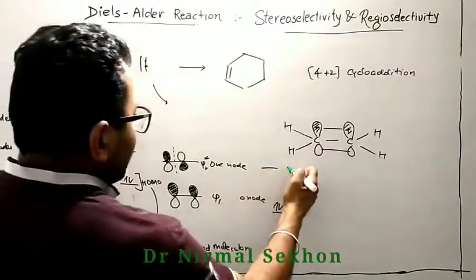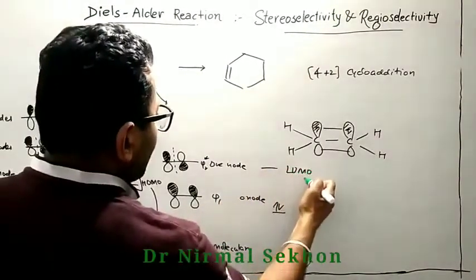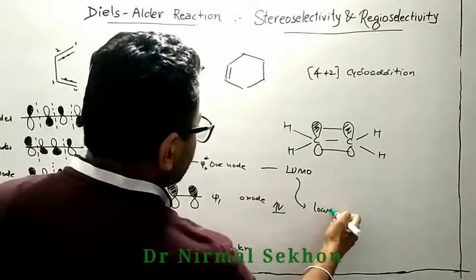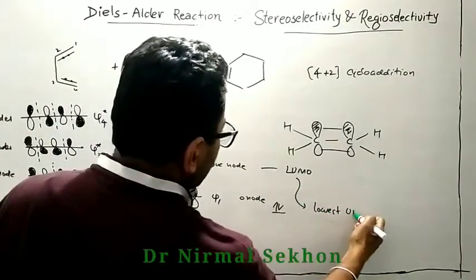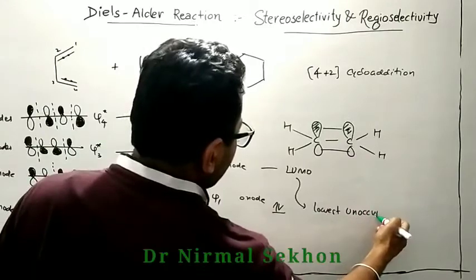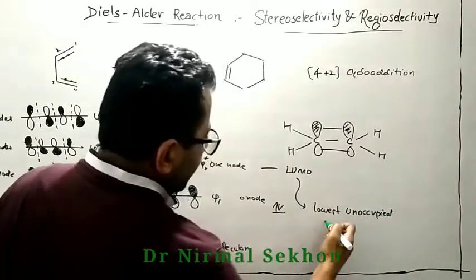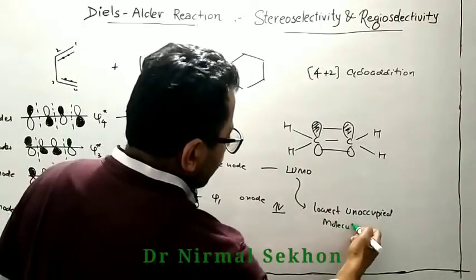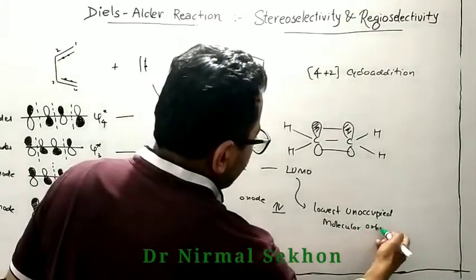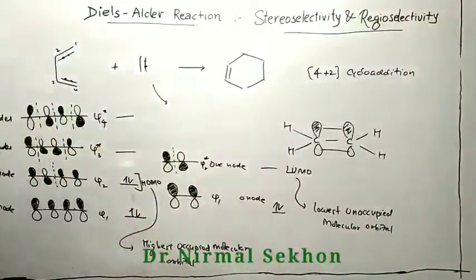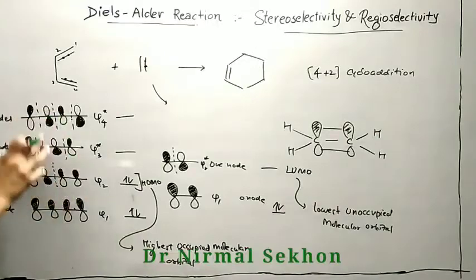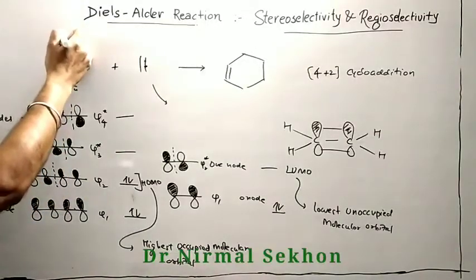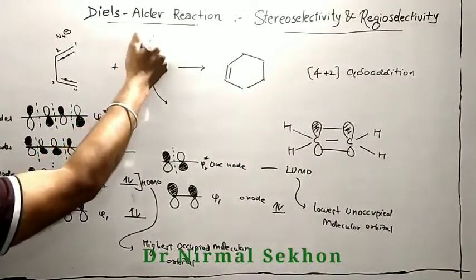And this orbital is known as LUMO, lowest unoccupied molecular orbital. The diene is the nucleophile, and the dienophile is your electrophile.